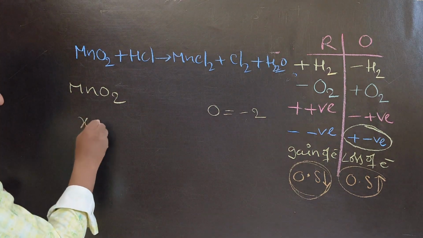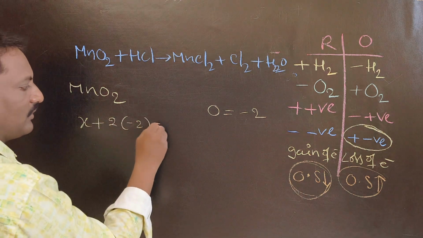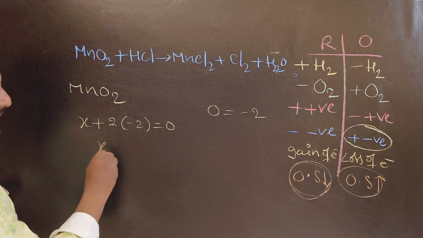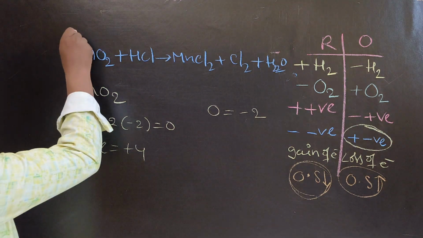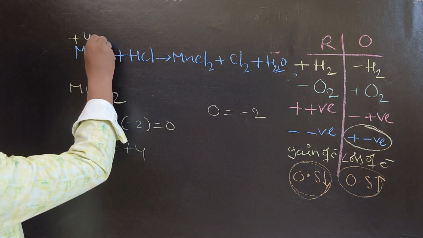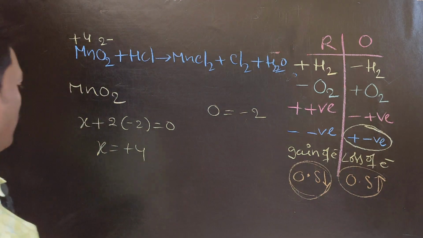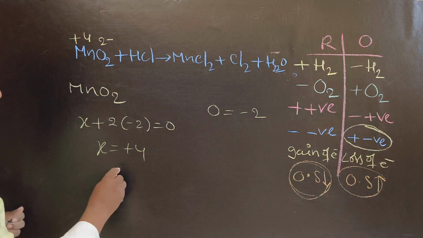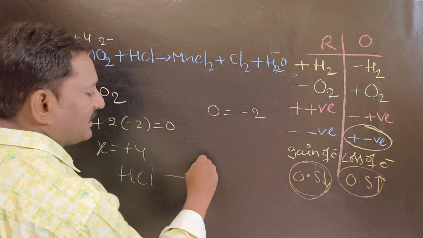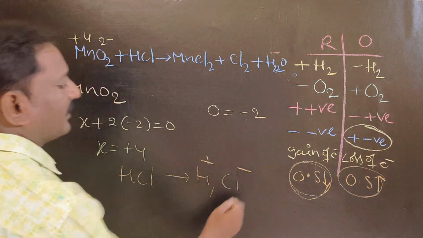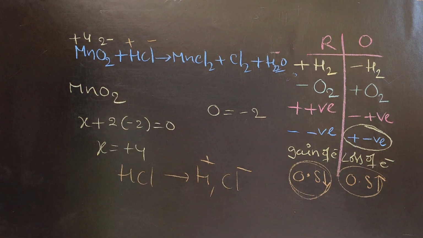Let it be x plus 2 into -2, total equal to 0, x equals plus 4. The oxidation state of manganese is plus 4 and oxygen is 2 minus. Individual oxygen 2 minus. Next one. In case of HCl, hydrogen oxidation state is H plus, chlorine Cl minus. So H plus Cl minus.